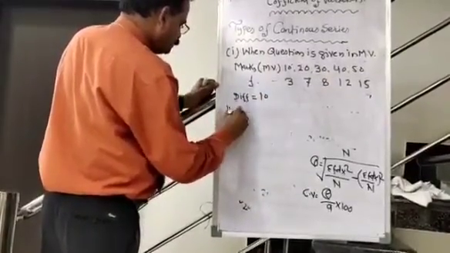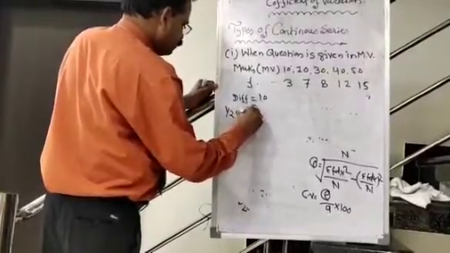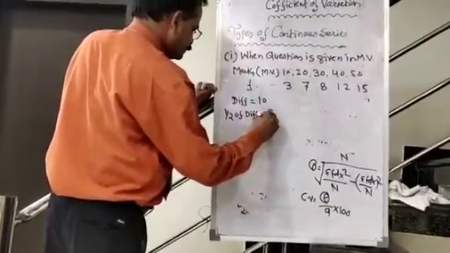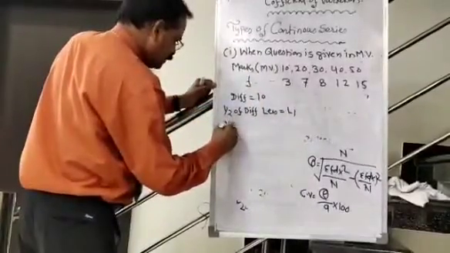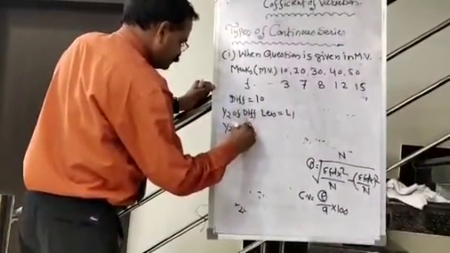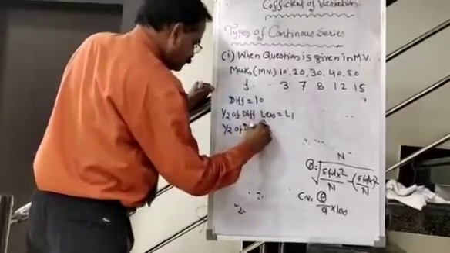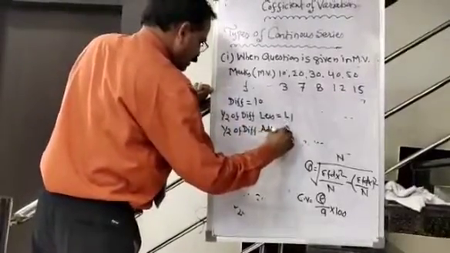Half of difference we should subtract from the item, so we should get L1. Half of difference if we should add in item, so we should get L2.